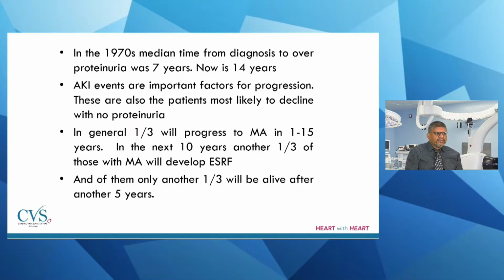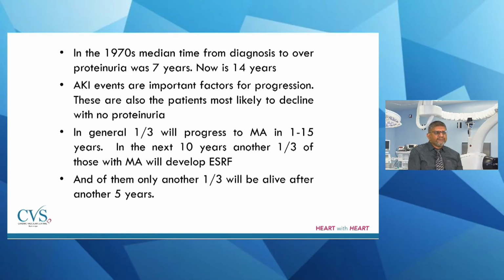So in general, again, these numbers are from Europe. I hope we will do as well as Europe in the not so distant future. But roughly 1/3 of patients they found will develop microalbuminuria within 10 to 15 years of diagnosis. And then another 10 years after that, 1/3 of those with microalbuminuria will develop end-stage renal failure.